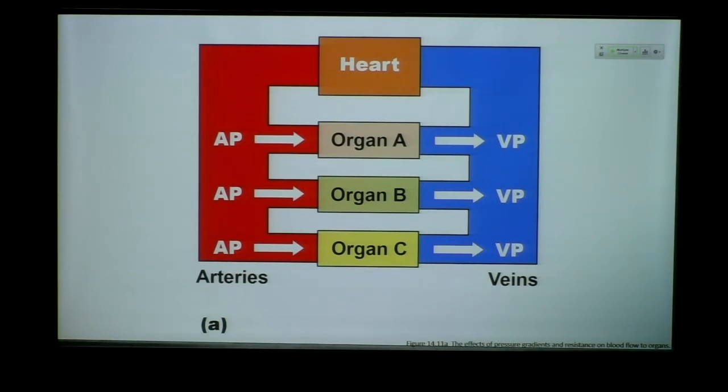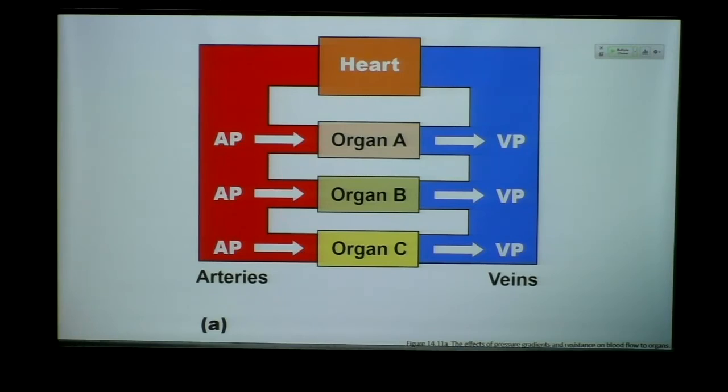Now, if I want to increase the amount of blood flowing to organ A, I am by default going to decrease the amount of blood flowing to organ B and organ C. The vasculature is a closed system. So if we increase the flow to organ A, we don't just magically get blood from nowhere, right? We have to take it from somewhere else. So increasing the flow to organ A will decrease the flow to organ B and organ C.